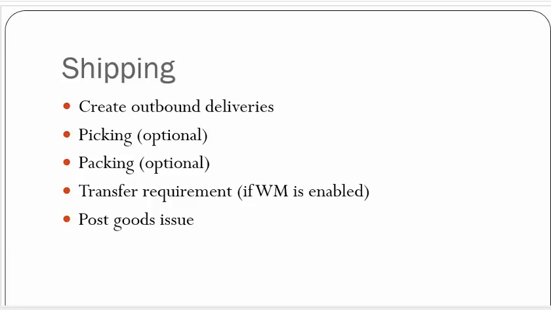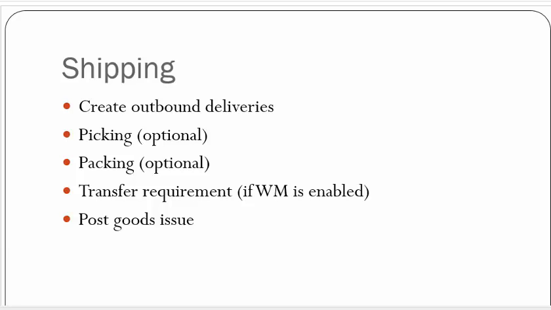When we start shipping, let's say we already have the material in stock and we are ready to ship. We talked about shipping taking 3 steps. The first step is creating the outbound delivery, which gives permission to the warehouse to release the products, the material, and the quantity ordered. They have to be picked up.